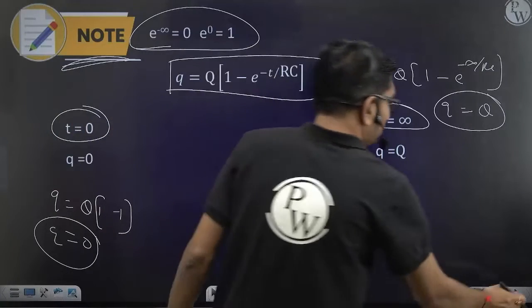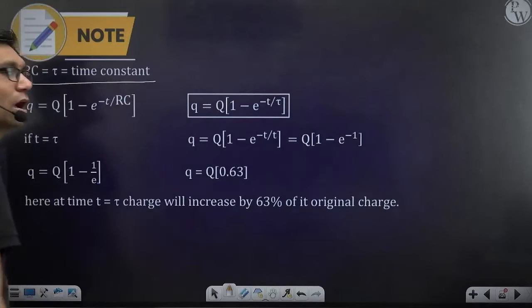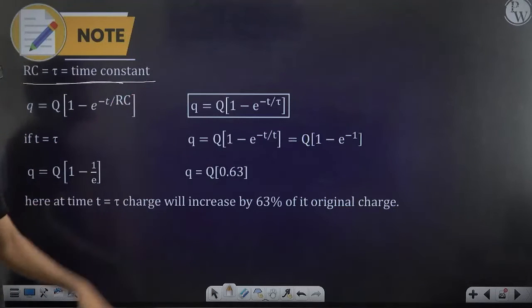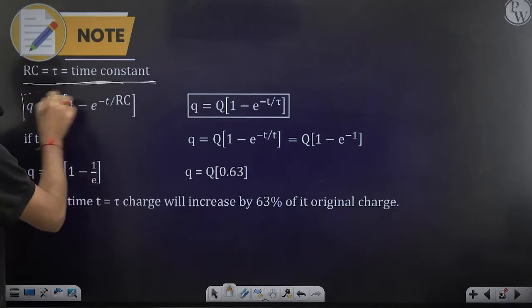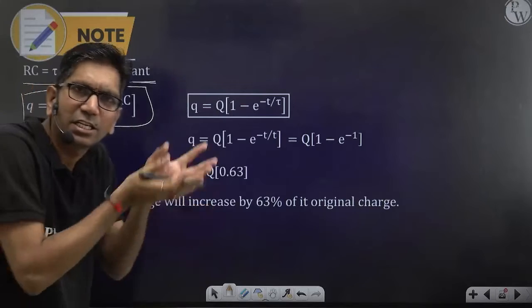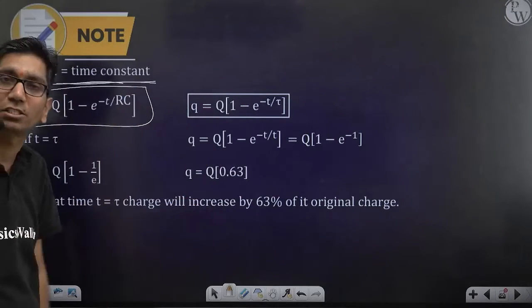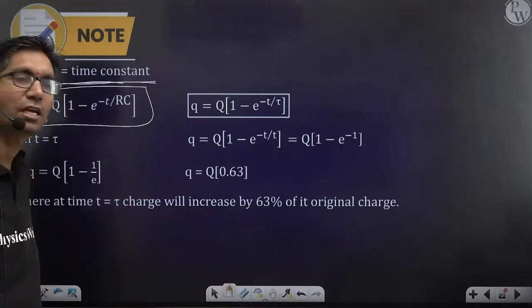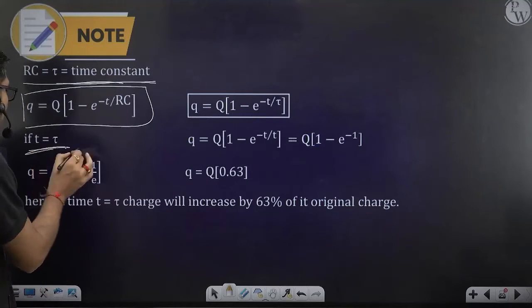Okay, at time t equal to tau, it is called what? Time constant. The charge we know. At this time, how much percentage is the charge increased in a capacitor at time t equal to tau?